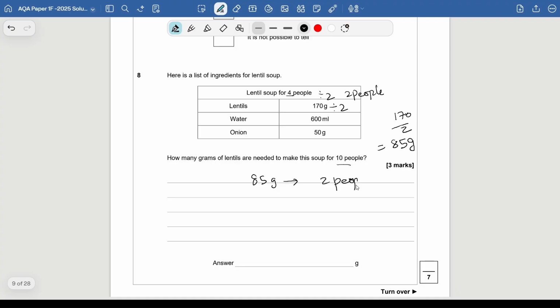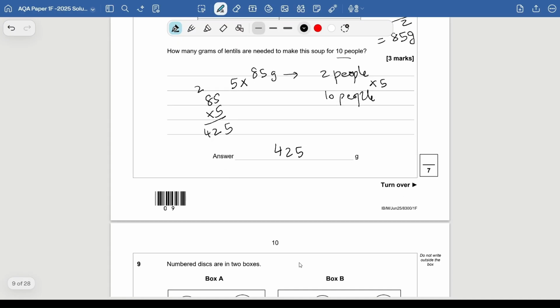And then I have to find out for 10 people. So I go from 2 to 10, I need to do times 5. So I do the same thing for the lentil amount as well. So 85 times 5 gives me 5 5s are 25, 5 8s are 40, plus 2 is 425 grams. 425 grams of lentils is required to make the recipe for 10 people.